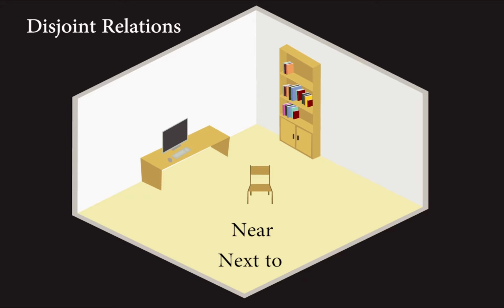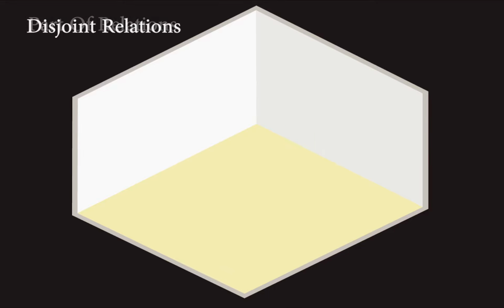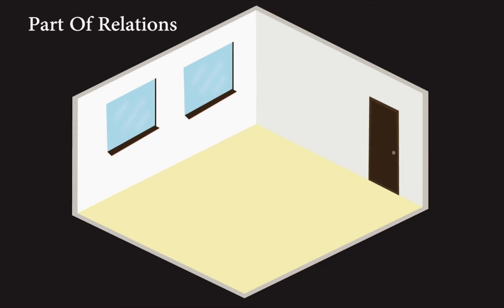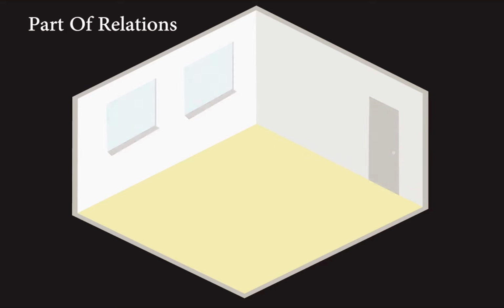An example of this would be the chair is near the desk. In images representing part of relations, on was the only statistically significant preferred preposition when referring to a room structure object, like a window or door, interacting with another room structure object, such as the wall. For example, the window is on the wall.